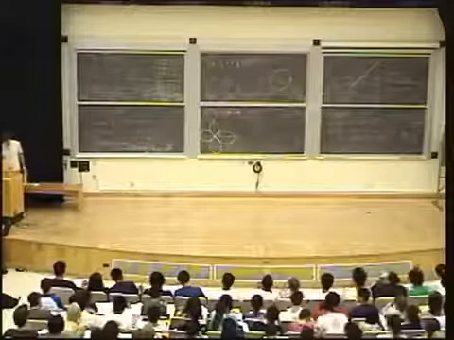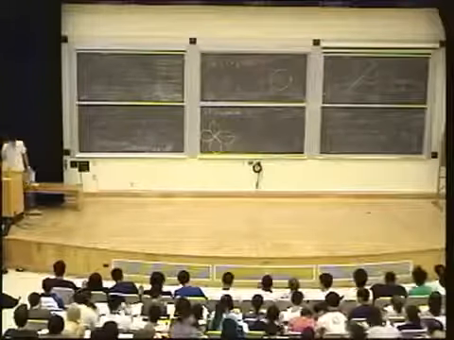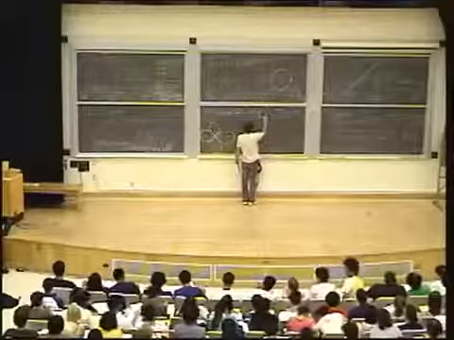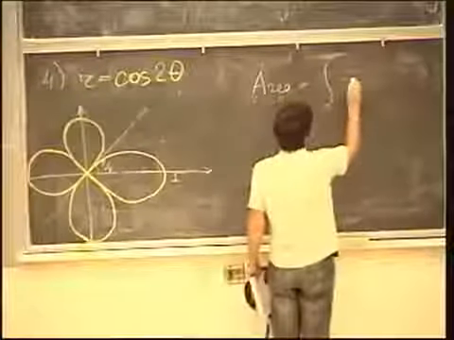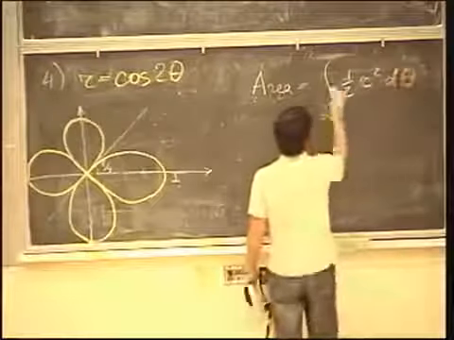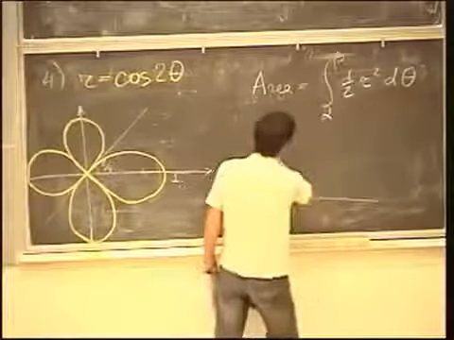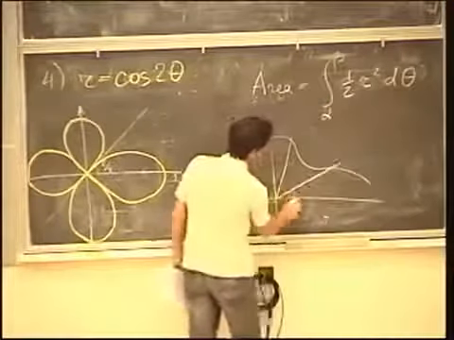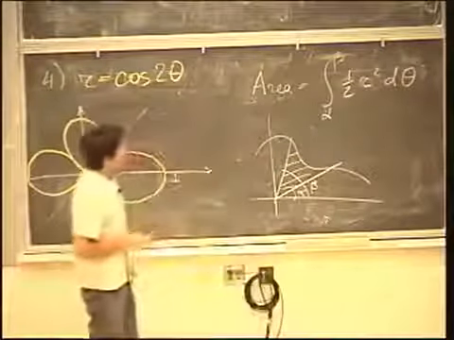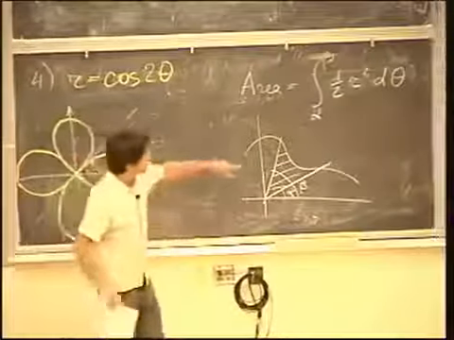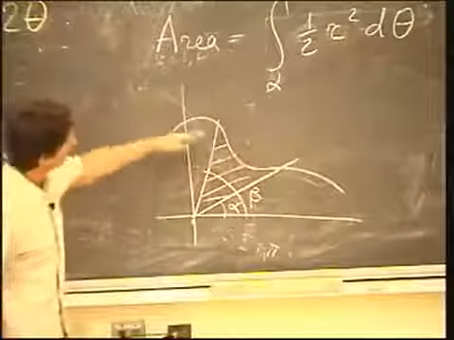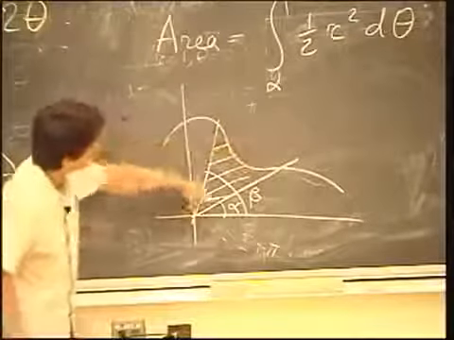So there's a formula for the area, which is 1/2 r squared d theta. And that's for a picture which you get by taking a sector on the plane, which is bounded by the curve and by the lines theta equals alpha and theta equals beta.